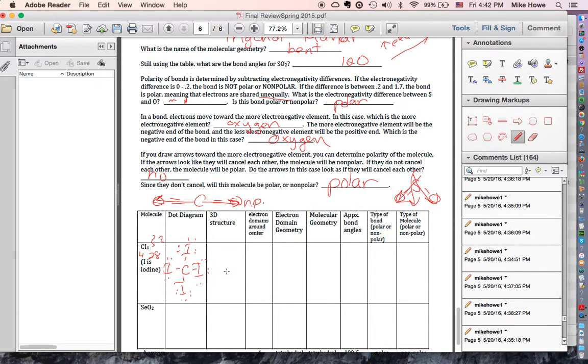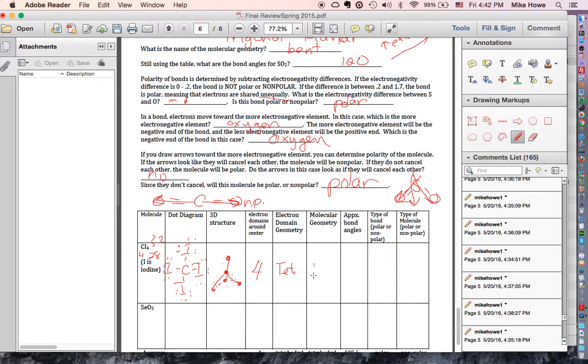Okay, so the 3D structure is going to look more like this in 3 dimensions. It makes a little tetrahedral thing. Remember the little triangle base? All right, domains around the center 4. The electron domain geometry then would be tetrahedral.